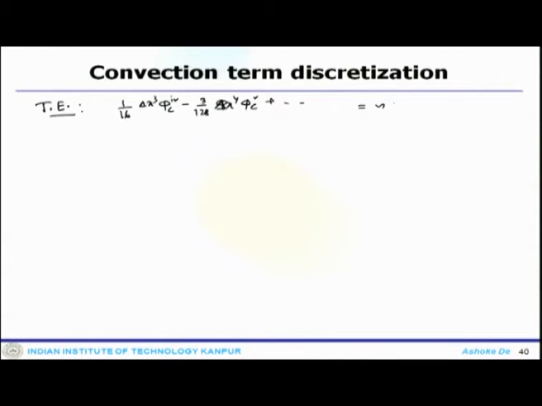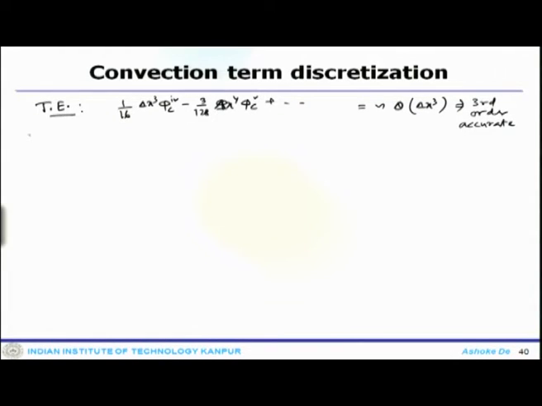So, this essentially gives you a third order accurate scheme. As we move along the hierarchical direction, second order upwind was second order accurate, QUICK becomes third order accurate.